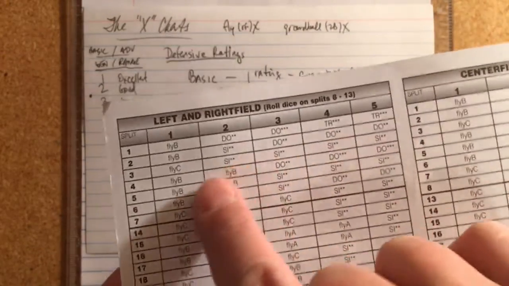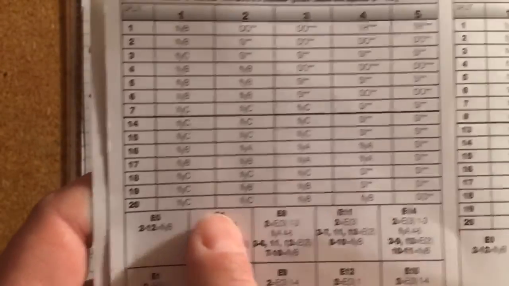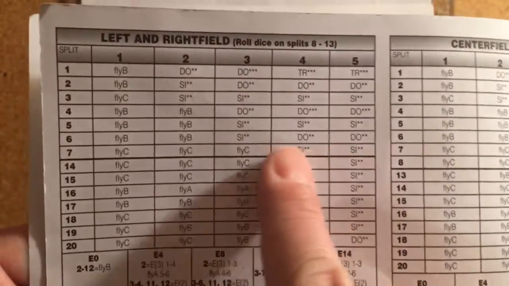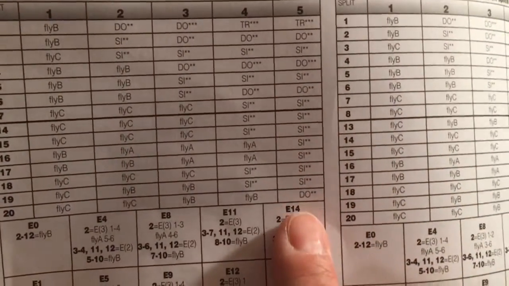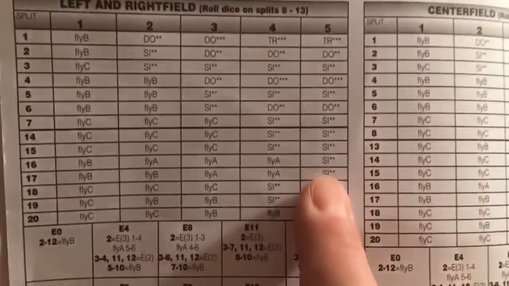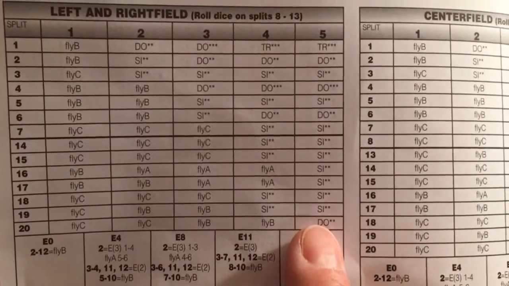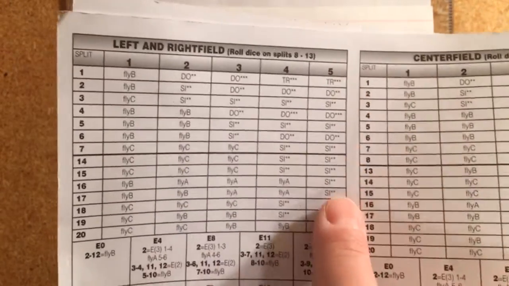You remember we said fly ball B, fly ball C. You've already seen those in a previous tutorial. If you go across here, you see how many more. You get a 5 in the corner outfield and you're going to be giving up some hits.